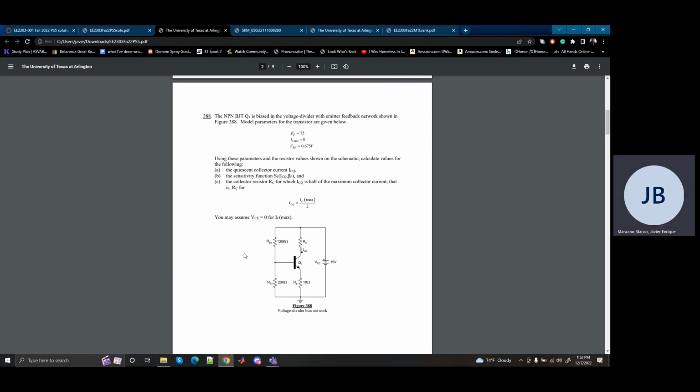Because of that, you'd know VG instantly. With a BJT, you have the issue of base current. That's where you have to do iteration.